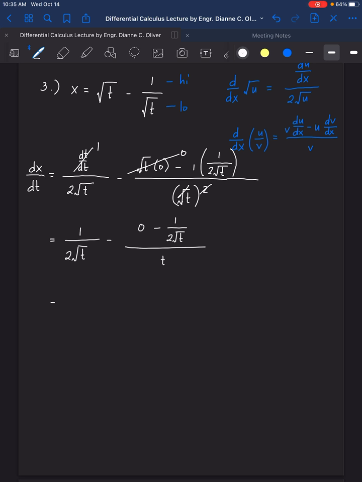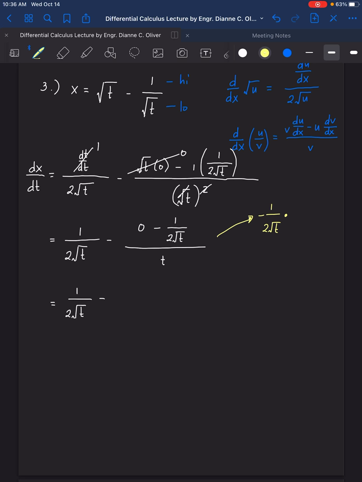Next, so this is 1 over 2 square root of t minus, so what happens here is this portion here is actually the numerator. To simplify this, the numerator is 1 over 2 square root of t multiplied with the reciprocal of the denominator.